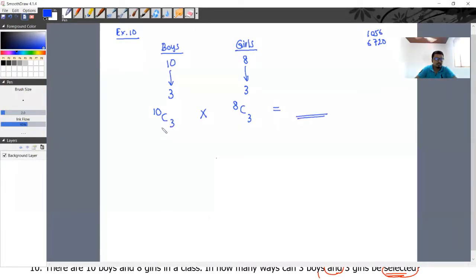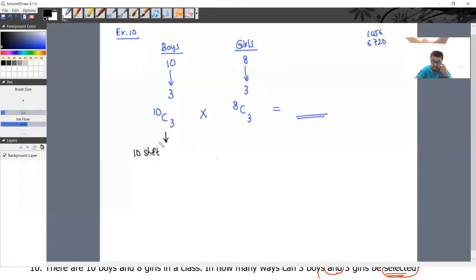How do we give this in the calculator? 10C3. How can we put this into the calculator? How can we take this C? For that, you need to press the shift button.